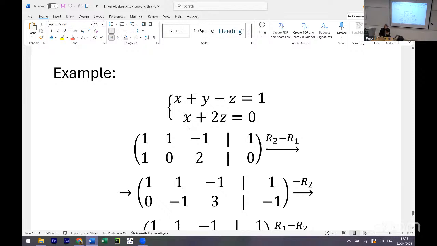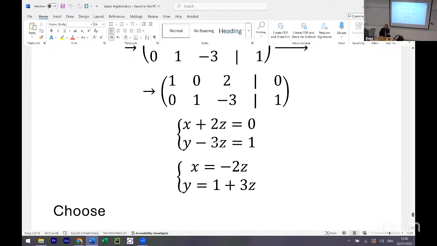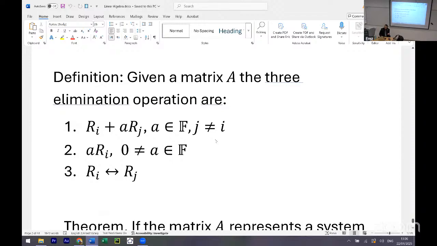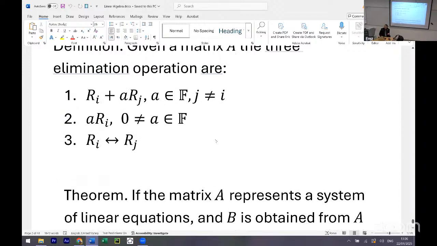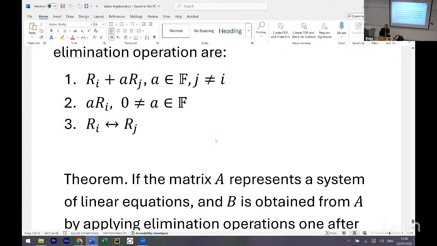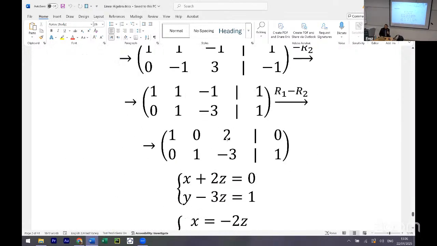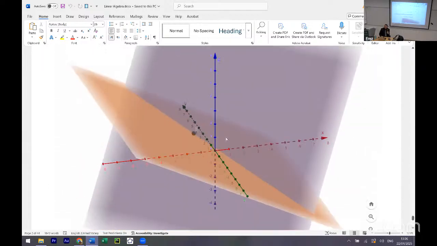And how do we do it? The names of the variables are irrelevant. So we just write the coefficients in a table of numbers called a matrix. Did I speak about homogeneous systems yet? No, I will mention it in a bit. And then we do elimination operations.